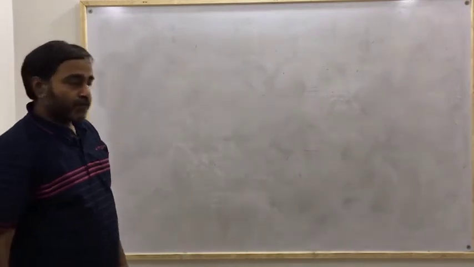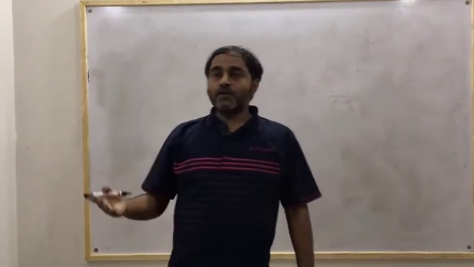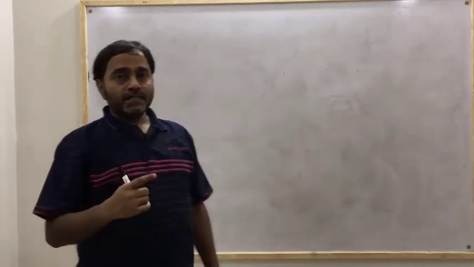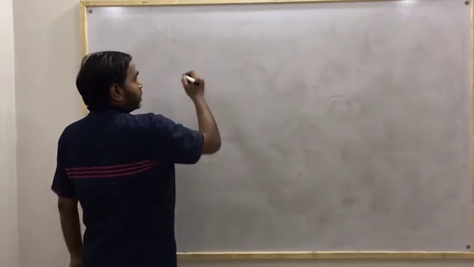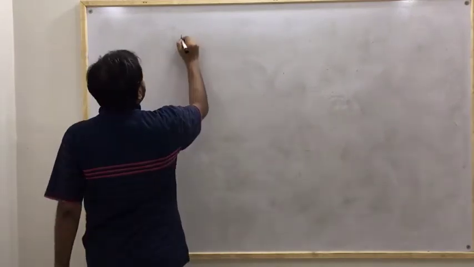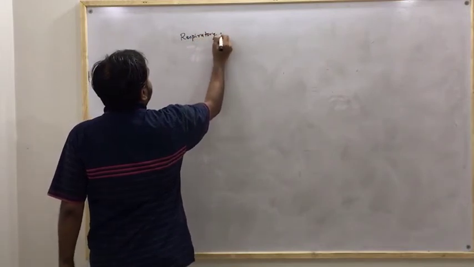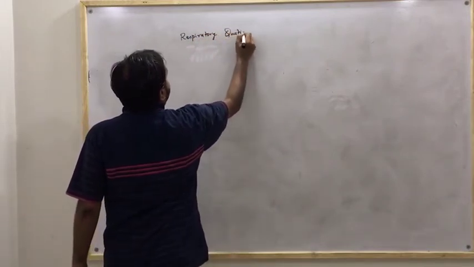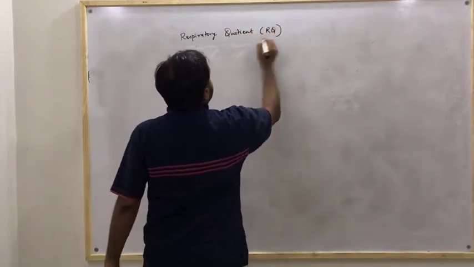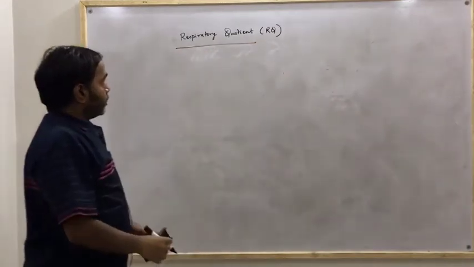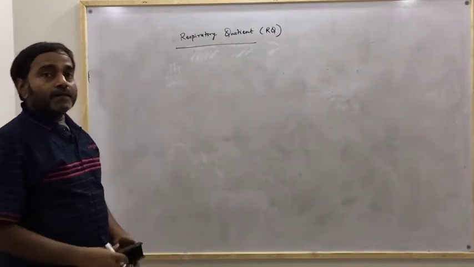The important fact which we should know regarding metabolism is how to calculate the respiratory coefficient, because one term is there which is called respiratory coefficient, and that is in short known as RQ value. So it is an important term, and what does it mean?